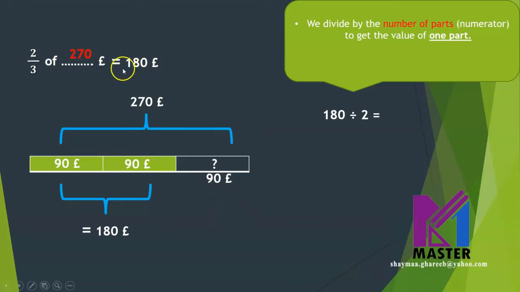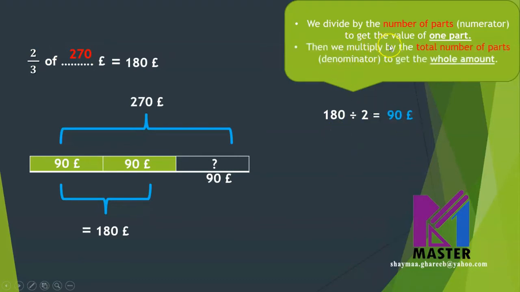When I have a missing amount, first I divide the amount or the answer by the number of parts, which is the numerator. So we divided the 180 by the number up, which is the numerator, and the answer is 90. Then we multiply the 90 by the total number of parts, which is the denominator or the number down, to get the whole amount.